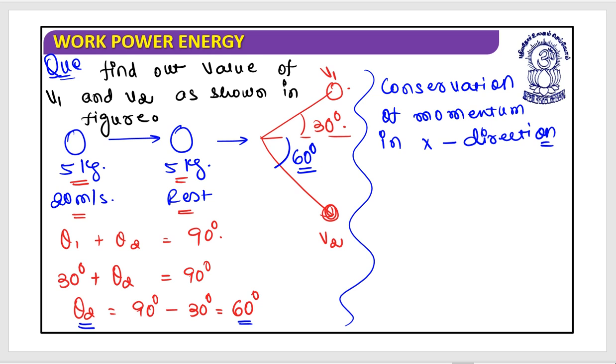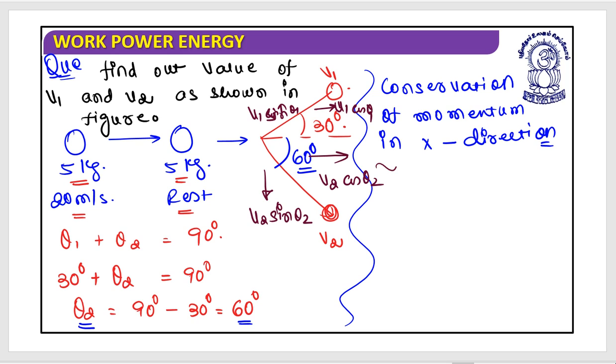According to the conservation of momentum in x direction, this is v1 cos theta 1, this is v1 sin theta 1, this is v2 cos theta 2, this is v2 sin theta 2.